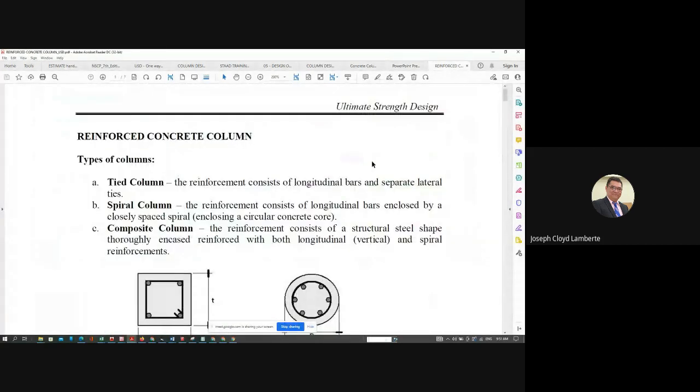There are several types of columns, particularly three. We have the tied column, the spiral column, and the composite column.